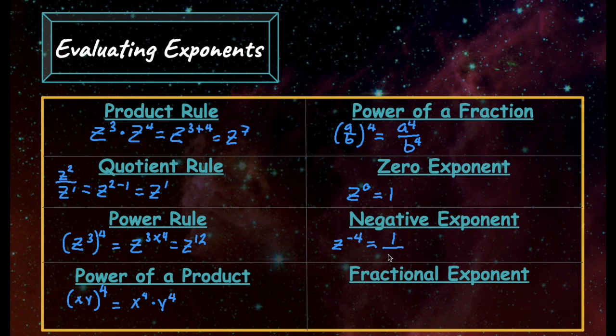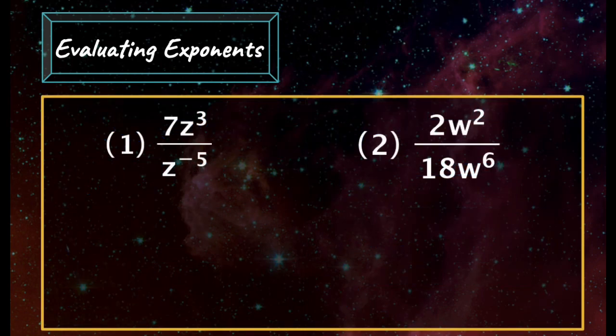So this will be 1 over z to the power of 4. Notice it turns positive. A fractional exponent rule is when we have a fraction in the exponent, like if we have z to the power of 3 over 2. This will be the square root of z to the power of 3.